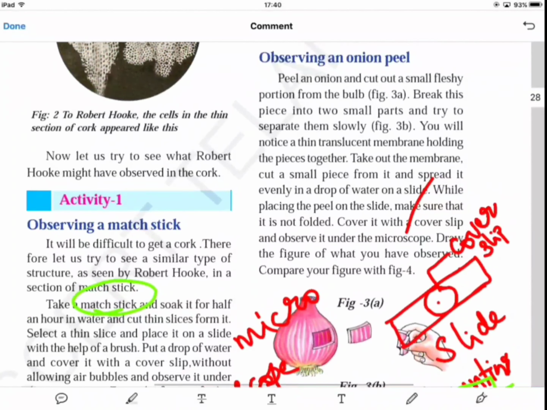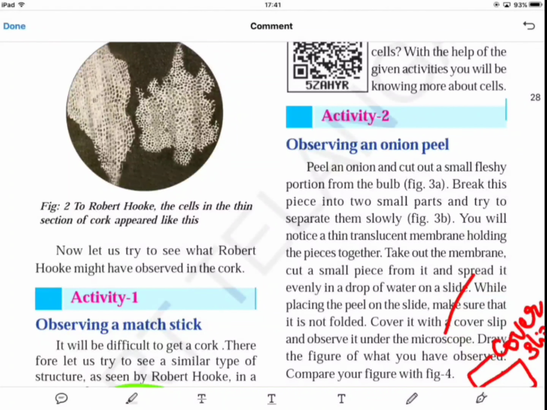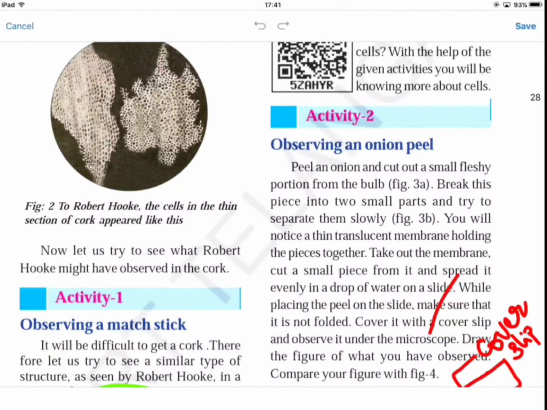When you peel out the dried layers of the onion, you can see the fleshy succulent layers. Even when you take out that outer peel, inside it you can see a very thin translucent membrane.